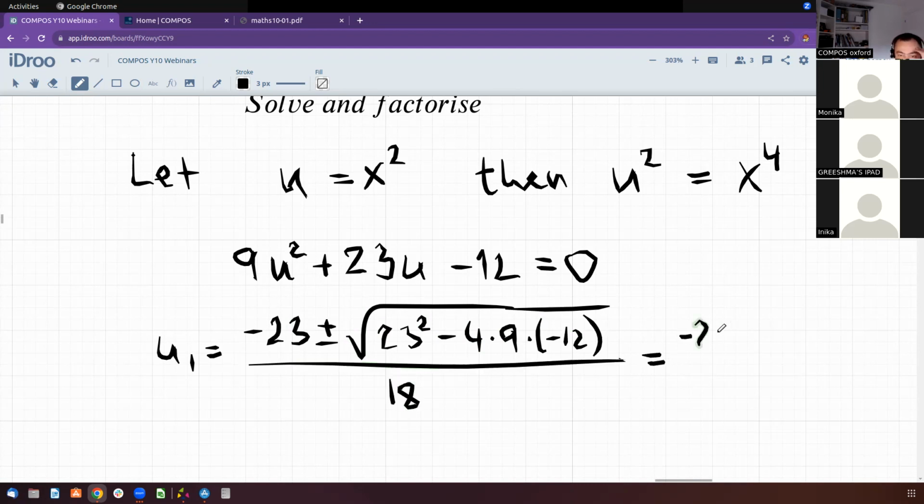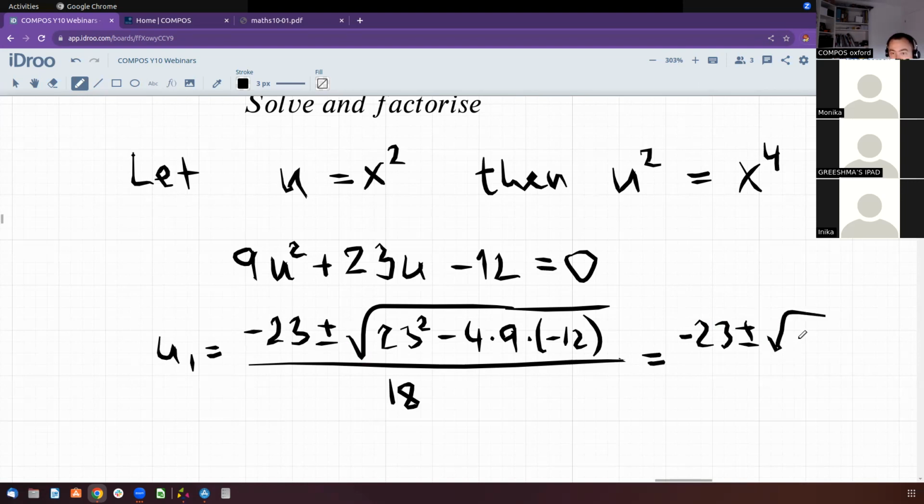So 23 squared is 529, plus 36 times 12, 961.